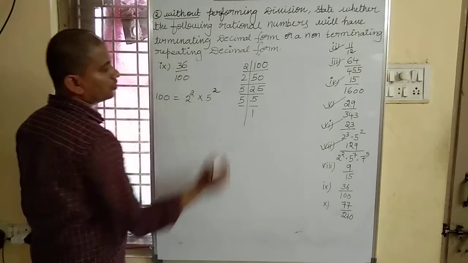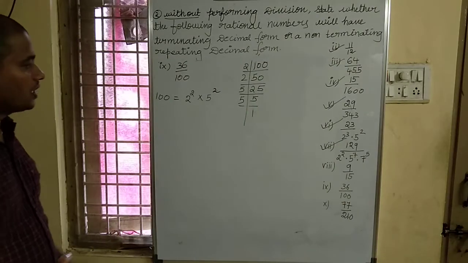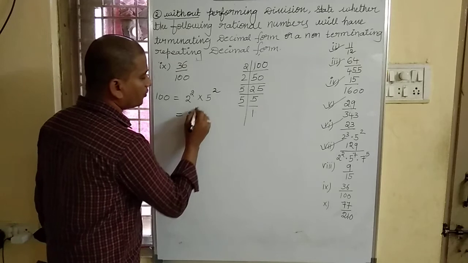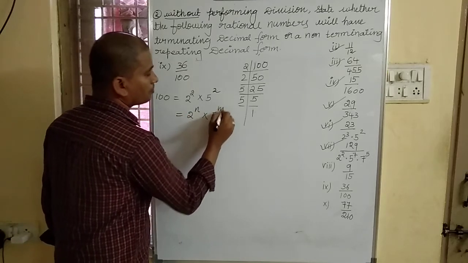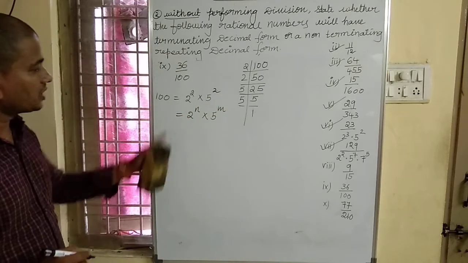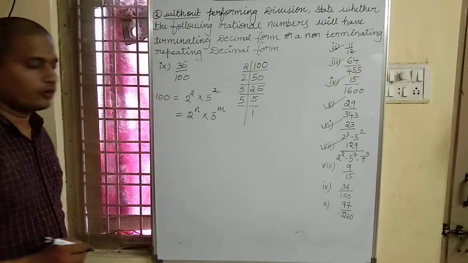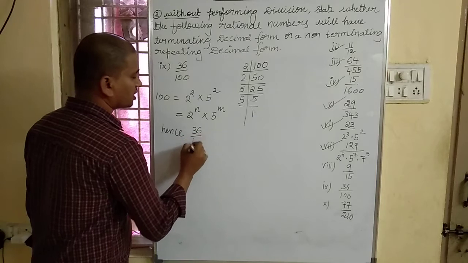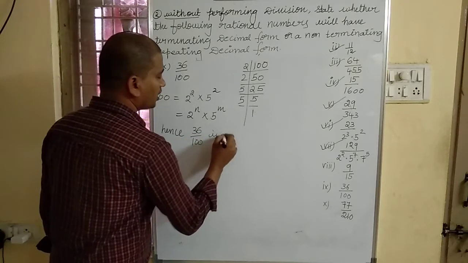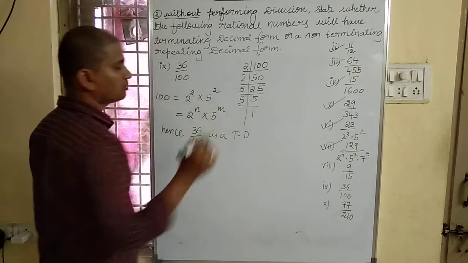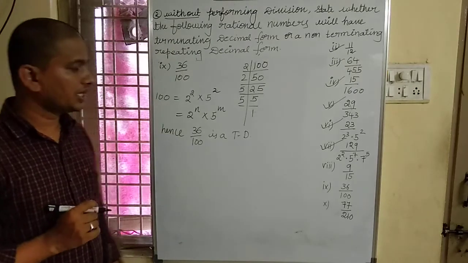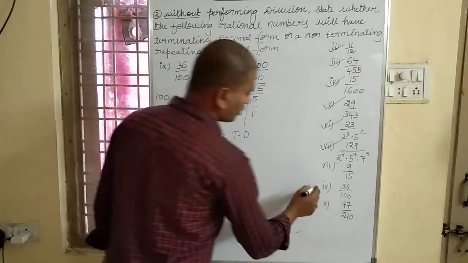The denominator is in the form of 2 power n into 5 power m. Hence 36 by 100 is a terminating decimal. Got it? So that is our ninth question.